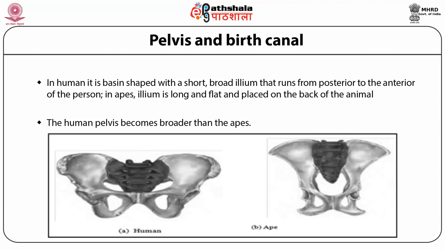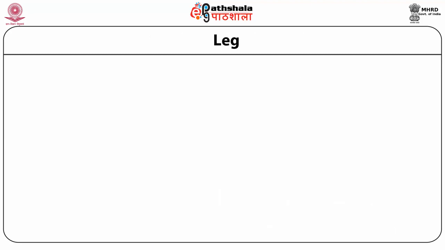This is a good modification for balancing, but it makes the birth canal narrow. This, along with the enlarged cranium, makes childbirth a more difficult task for humans compared to apes. Now let's discuss the important comparative features of apes and humans in relation to the leg.